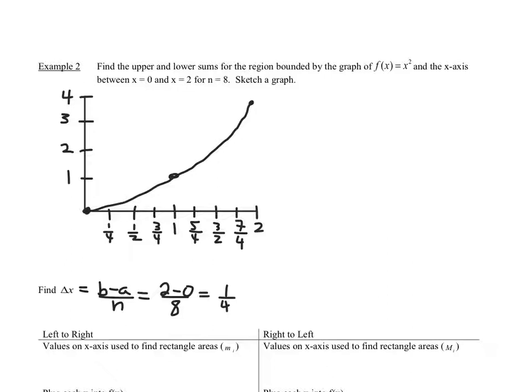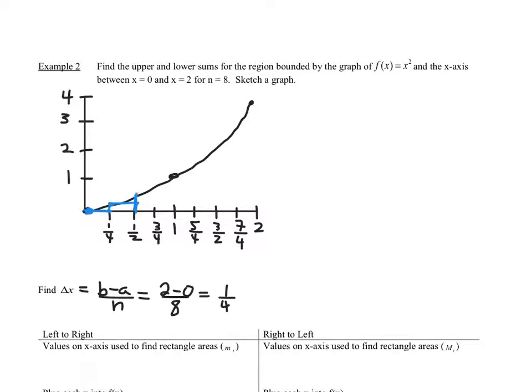All right, but we do have to determine some rectangles that would make sense depending on the situation. Left to right, again, we want the upper left-hand vertex of the rectangle to be on the curve itself. So I'm going to draw my rectangles going from left to right.